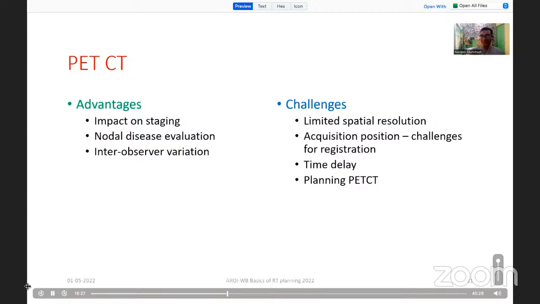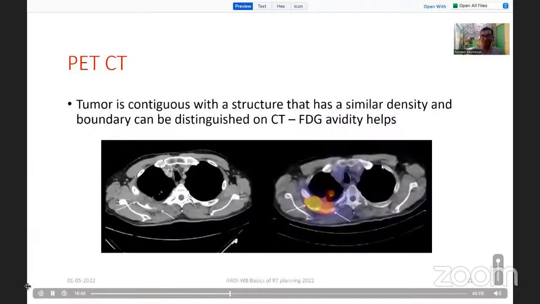So if you are treating a patient with hands down, then doing a co-registration becomes difficult. And also there is a time delay between the PET and the CT part. The PET scan is done first and the CT scan is done later, and then they both are co-registered. So this itself leads to certain uncertainty, especially if there is some mismatch. These are the factors which you need to keep at the back of your mind.